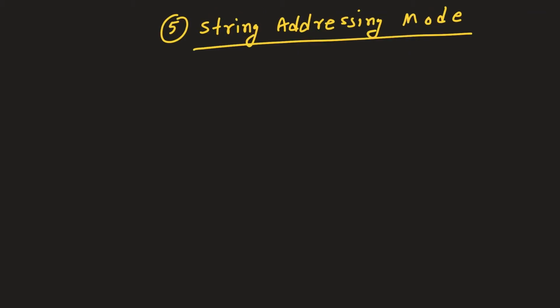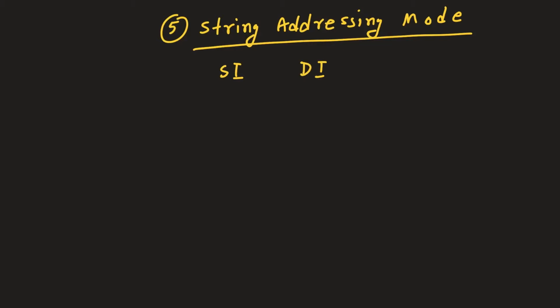The next addressing mode is the string addressing mode. This addressing mode is actually employed in string related operations to operate on string data. The offset register for the source data is the source index register and the offset register for the destination data is the destination index register.